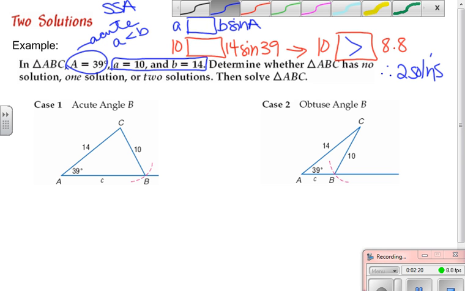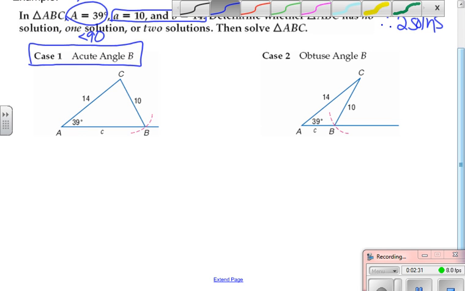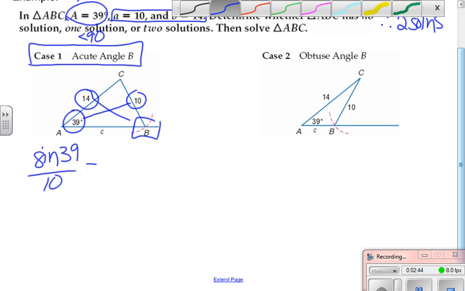So the first solution is easy to find, and that's when B is an acute angle. And remember, acute angles are less than 90. So I'm going to go ahead and just find B using the law of sines. I would have the sine of 39 over 10 equal to the sine of B over 14.